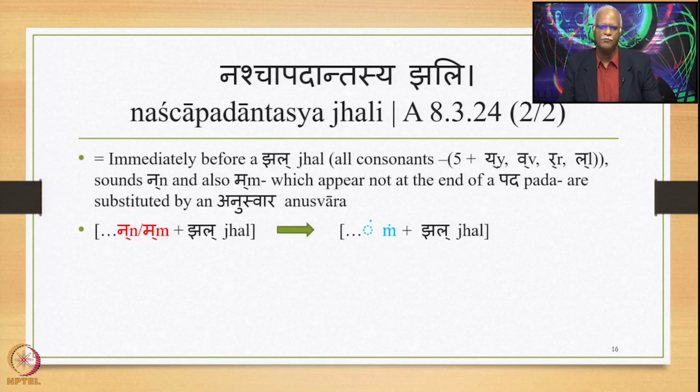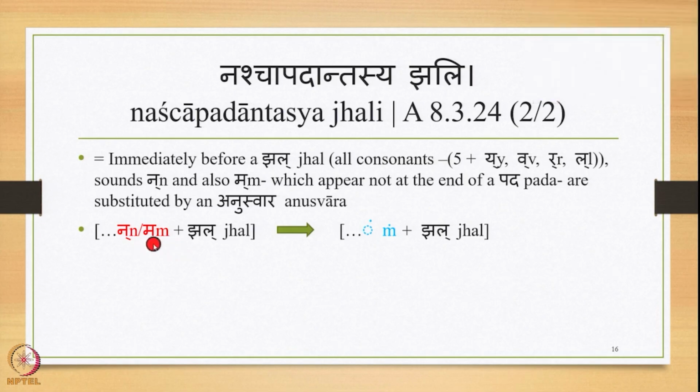So to put it in the form of an equation, we can say that if you have na or ma within a pada, that means probably at the end of a pratipadika or at the end of some other element or in between some other element, for example, a verbal root, so this na or ma should come immediately before a jhal consonant, and then this na or ma will be substituted by an anuswara with jhal continued to follow.